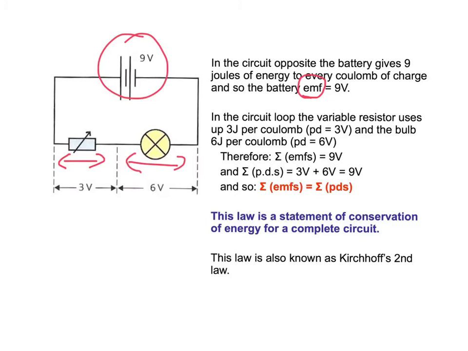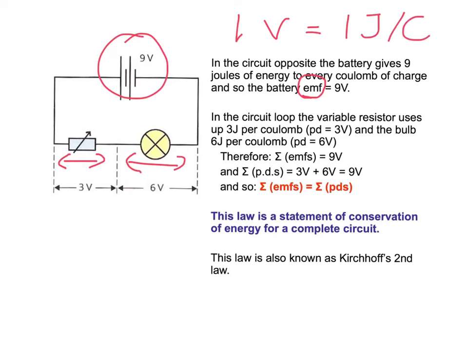In this circuit loop, the variable resistor uses up 3 joules per coulomb, which is 3 volts, and the bulb uses 6 joules per coulomb, which is 6 volts. Remember, 1 volt is 1 joule per coulomb.